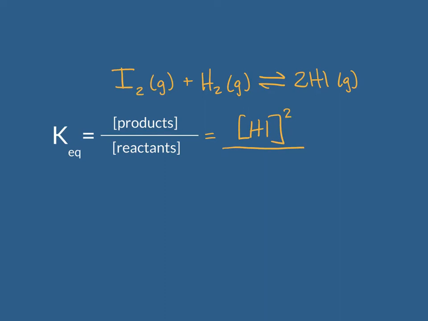So on the bottom of our expression, we're going to have the concentration of I2 times the concentration of H2. You don't have to do anything fancy with your subscripts, just bring them along. So the KEQ, or the equilibrium expression for this reaction, is the concentration of HI squared over the concentration of I2 times the concentration of H2. And that's it. That's all there is to it for writing your equilibrium expression.